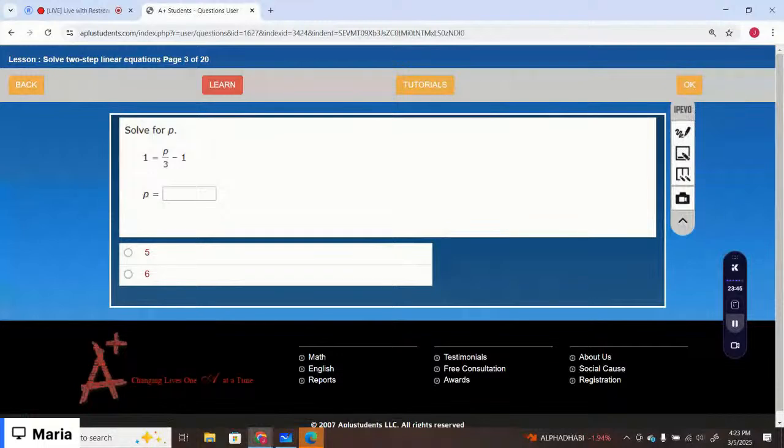1 equals P over 3 minus 1. So you have to do the reverse operation.